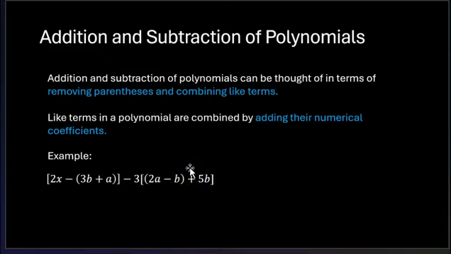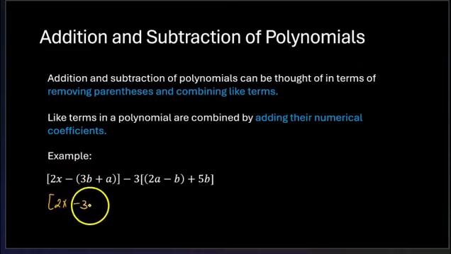The first thing that we can remove are the parentheses. If we look at this one here, that's 2x. I'm not going to remove the bracket yet. What does this mean? It means that you're subtracting this binomial. How do we do the subtraction? You multiply by negative 1.